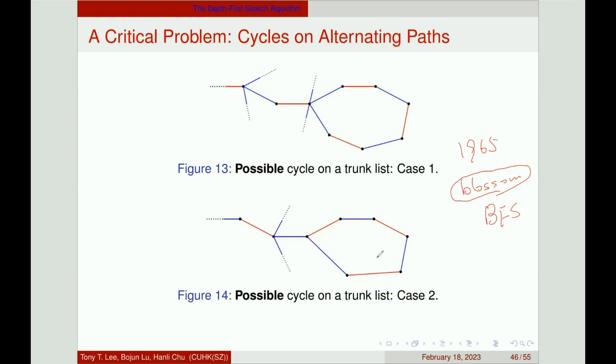So when cycles are handled in this work, the concept of the blossom, the technique of the blossom, is introduced, right? That is, if we encounter an even alternating cycle, then in this classical and great work this kind of cycle is shrunk to a macro node.